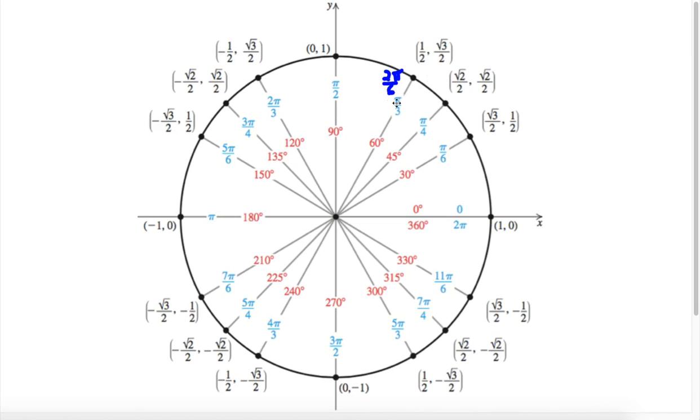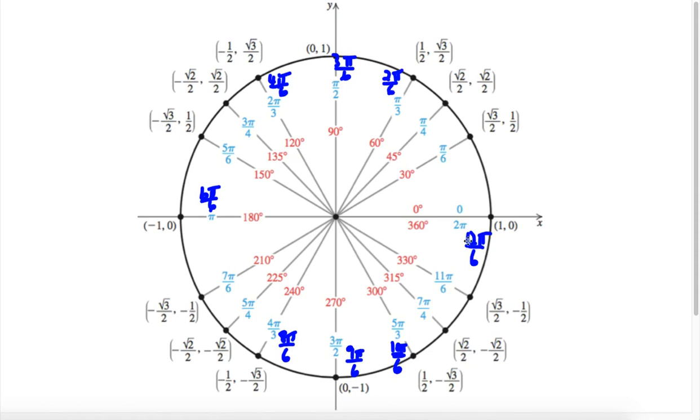So 2 pi over 6, then 3 pi over 6, 4 pi over 6, 5 pi over 6, 6 pi over 6, 7 pi over 6, 8 pi over 6, 9 pi over 6, 10 pi over 6, 11 pi over 6, 12 pi over 6. So the 30s, I'm just adding 1 pi over 6 every time.